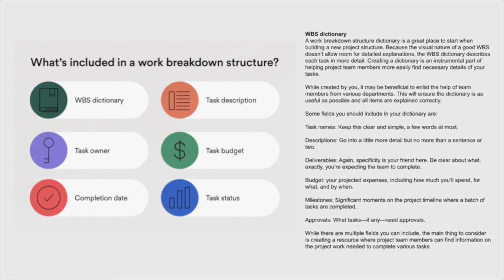The work breakdown structure dictionary for this particular example would include a bunch of things that would help clarify to anyone reading this document what exactly is going to be done. So it's created and it would give information with regards to the tasks, what needs to be done.